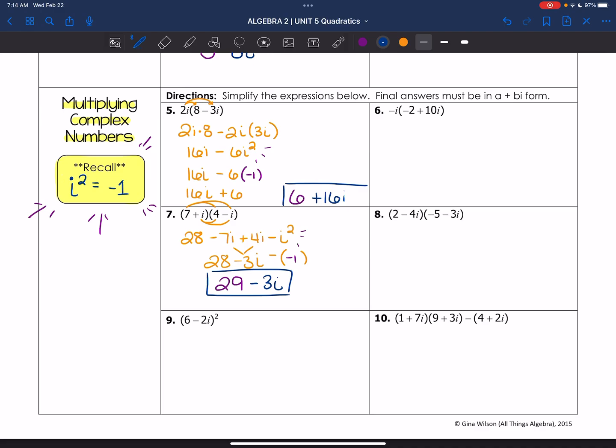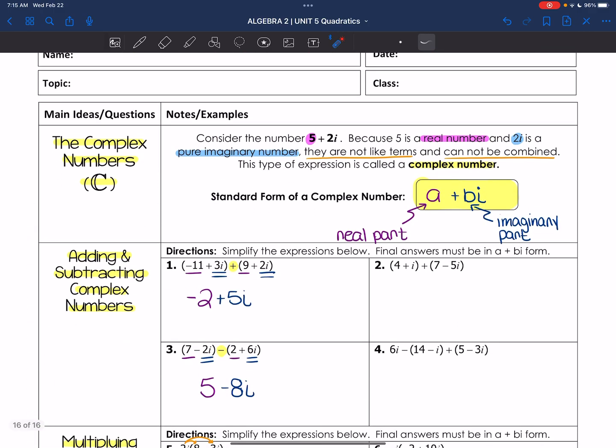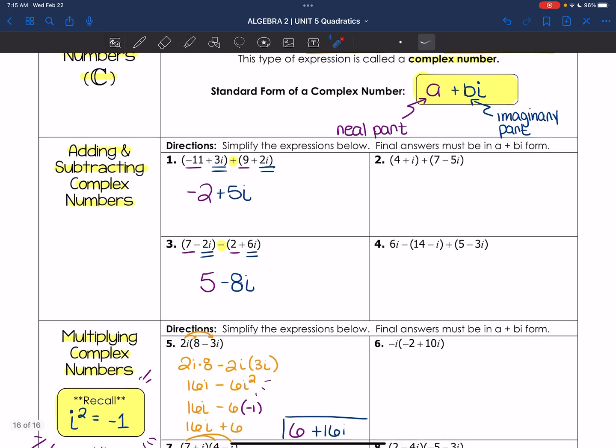There you have it. You can see that it's really important that we know what like terms are and that we recall, like we made the note of here in the margin, that i squared can be simplified. And that allows us to write our answer in this form that we saw, the standard form of a complex number.